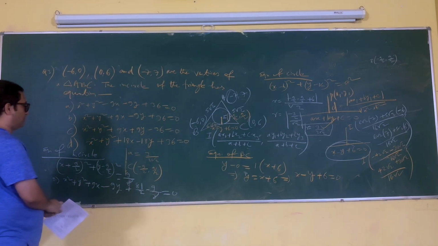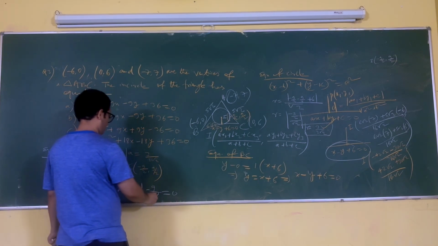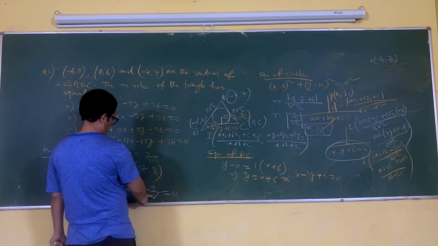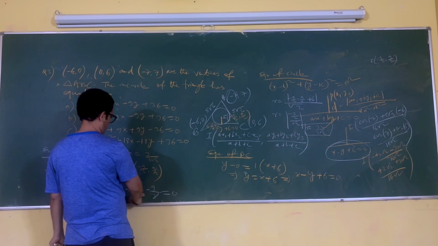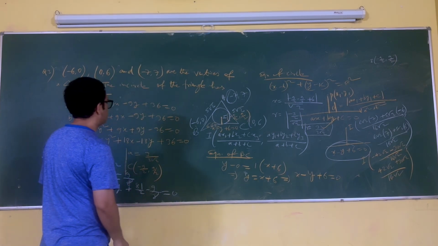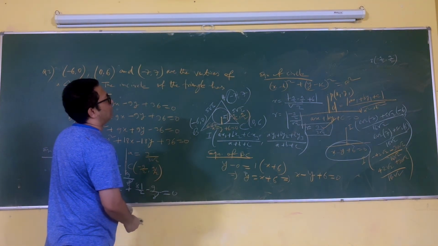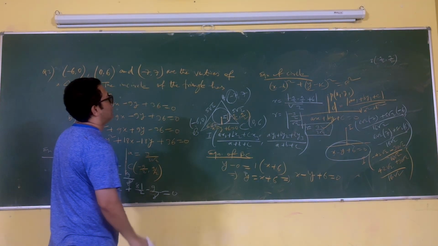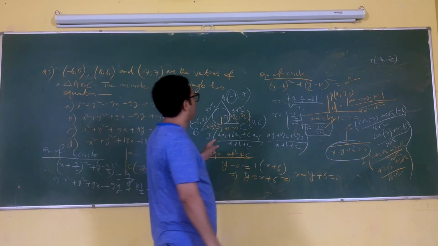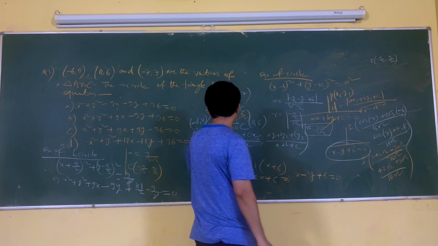So how much is it? There may be some calculation mistake. We will see here. Maybe this value of radius R is correct.